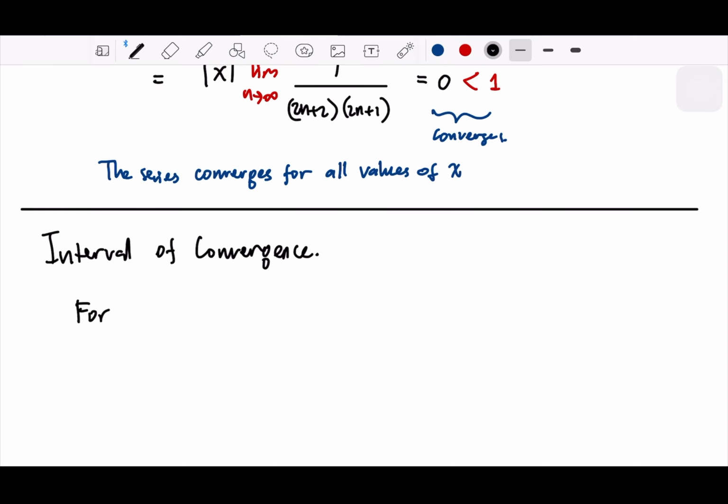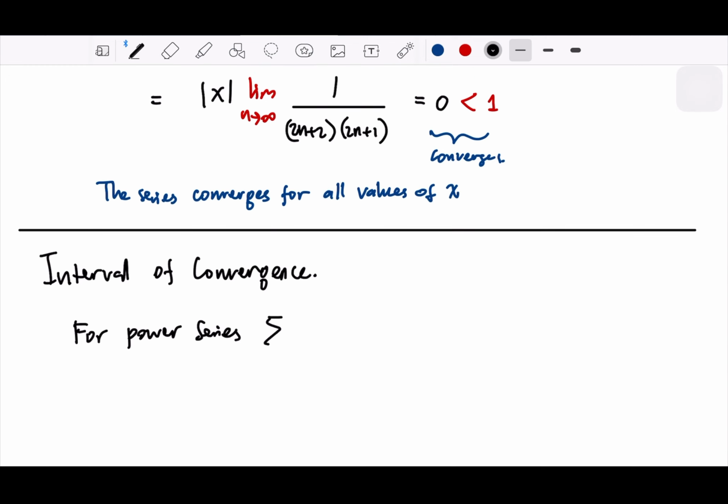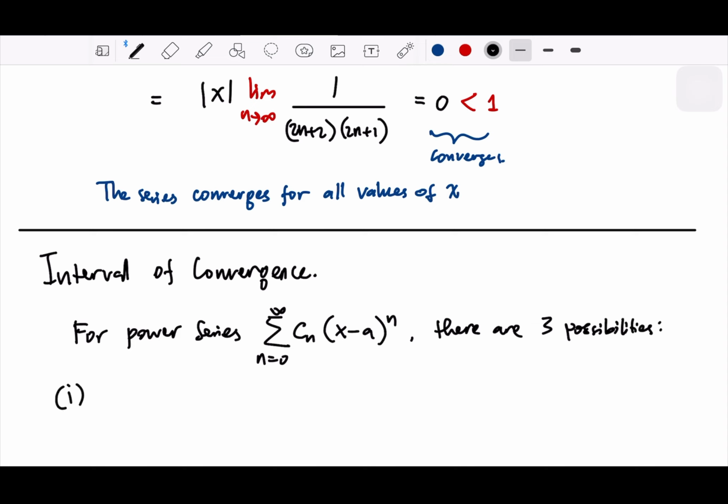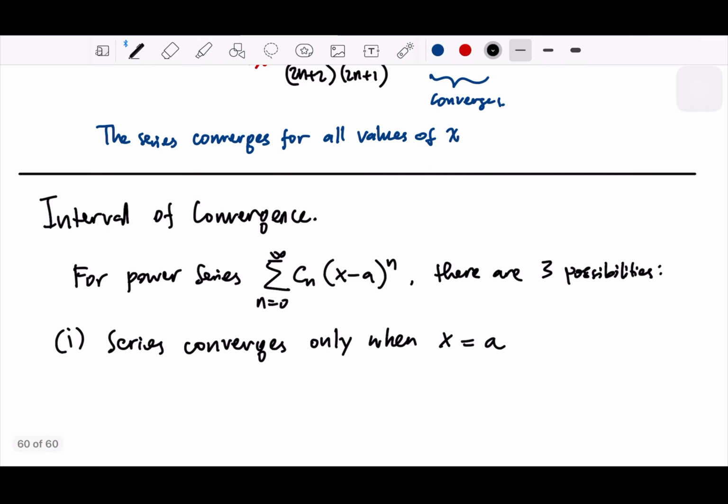For a power series, there are three possibilities. First, the series converges only when x equals some value, like the example x equals 0.